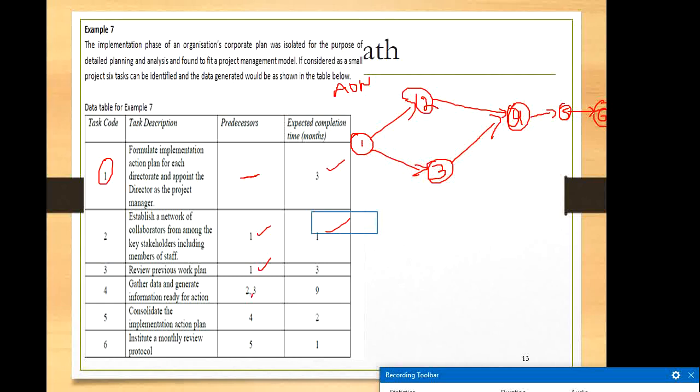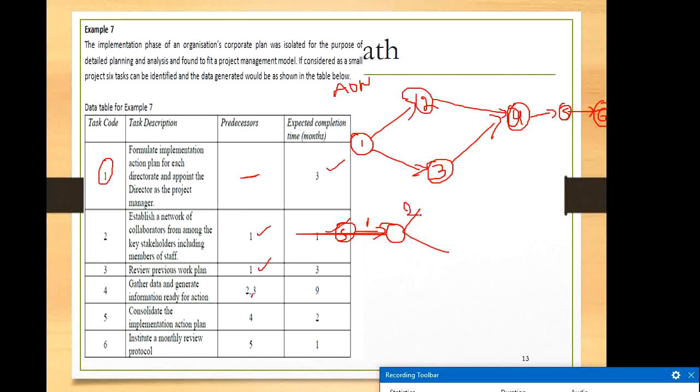This is the way you can draw the network diagram. If it is activity on arrow, it starts with a start time, then activity 1. Activity 2 and 3 commence only after activity 1 is complete.